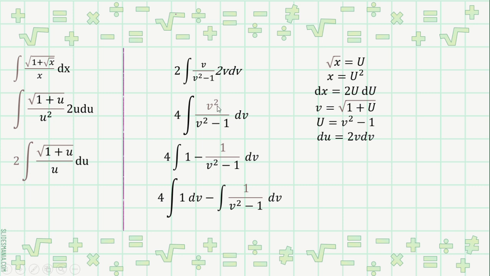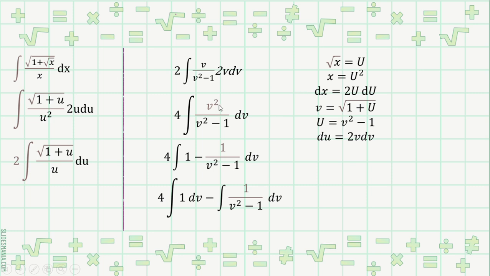And this is the result. Root of 1 plus u will be v, u will be v squared minus 1, and du will be 2v dv. Again we move the 2 to the left side, and 2 times 2 is 4.